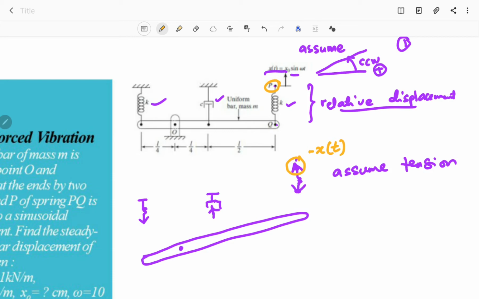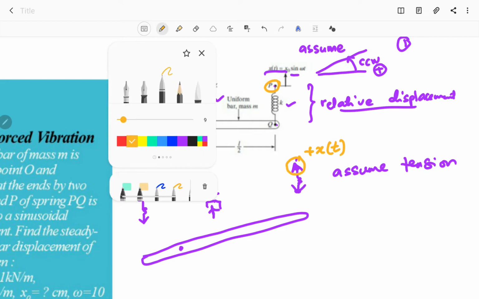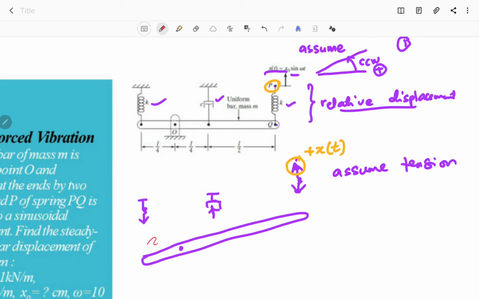Sorry, this is supposed to be positive, and this one, then we can draw the action and reaction. So that goes down, this one goes up, that goes up, this one goes down, and that goes down, this one goes up. When it goes up as positive, this one is negative.